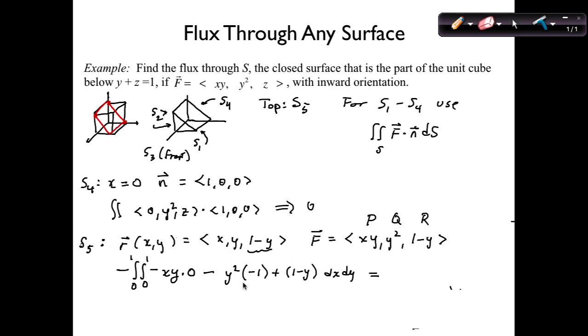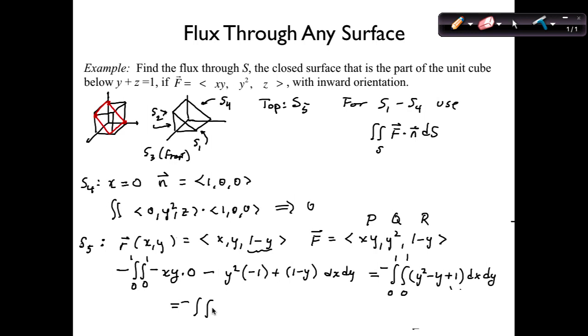So what do we get for this integrand? y squared minus y plus 1, dx dy. I think x just gives this back to us again. Is that right? Oh, negative the whole thing.